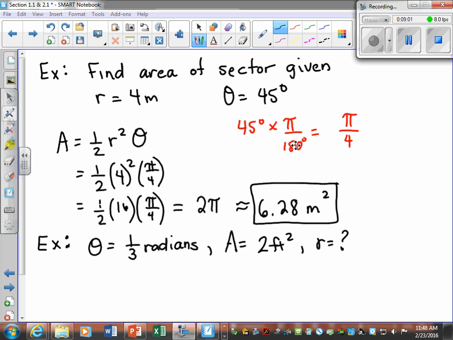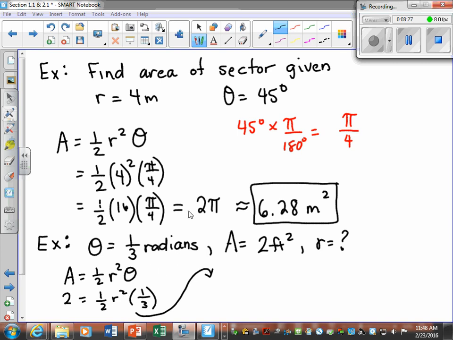Okay, we're going to change it up a little bit for this next one. I'm going to give you theta, and I also gave it to you in radians already, so no conversion step. I give you the area, and you find the radius this time. So plug it into this formula and solve for r. So write my formula down, plug in 2 for A, right there, 1/2 r squared, and plug in 1/3 for radians.